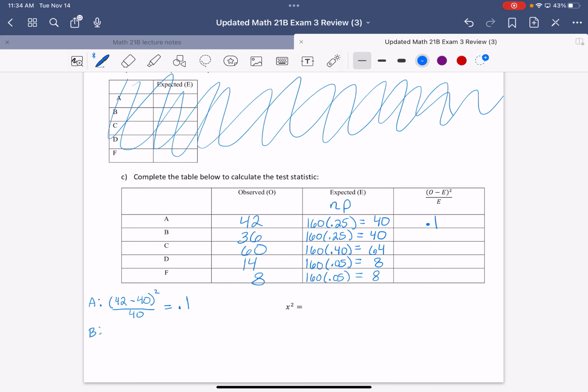For B, take the observed 36 minus the expected 40, quantity squared, all over the expected 40. Once you do that, you should get 0.4. For C, again, you're just repeating this over and over again. The observed was 60 minus the expected 64, quantity squared, all over 64. You should get 0.25.